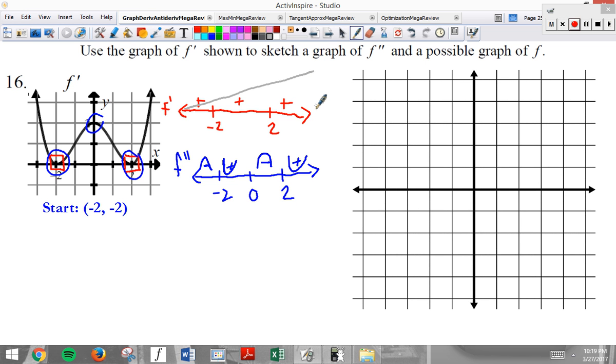So while it's always increasing, mucho inflection things happening. Okay. So a negative slope thingy becoming a positive slope thingy. Oh, gross. I did it wrong.